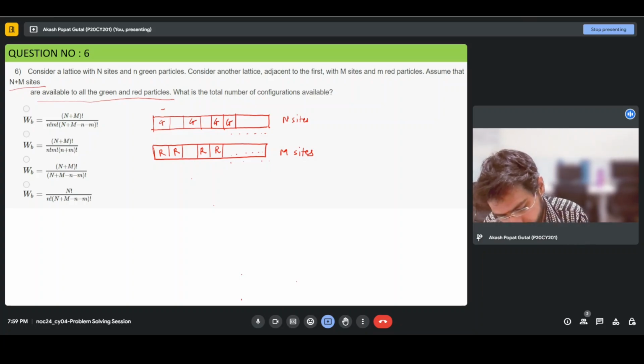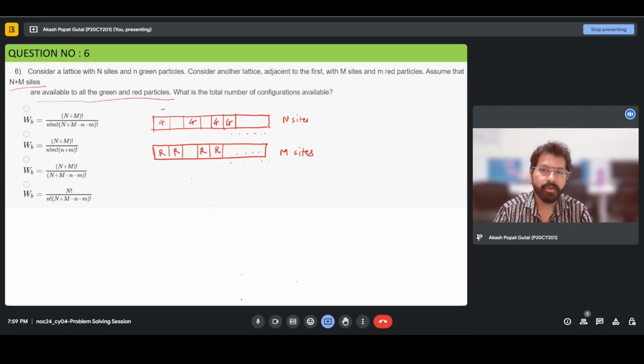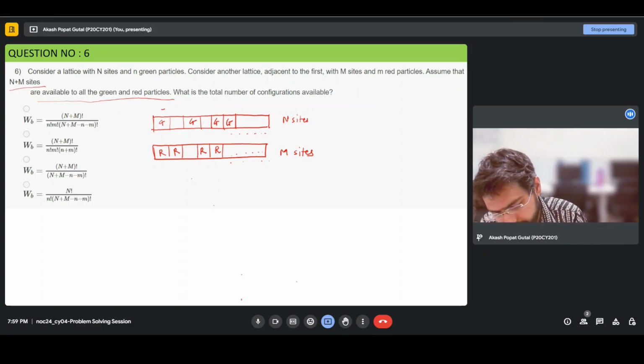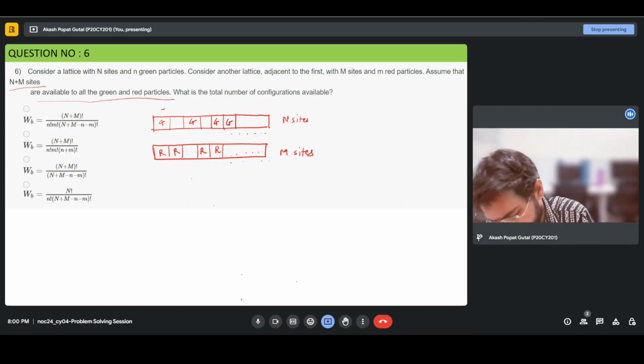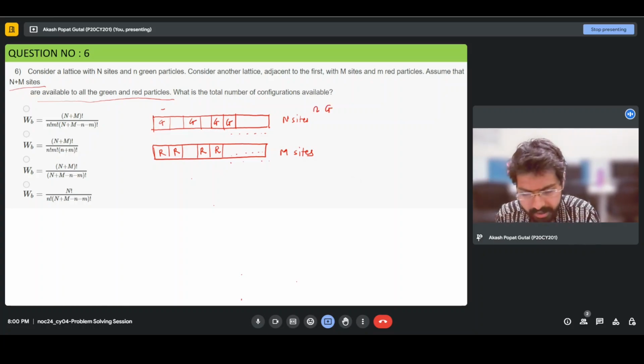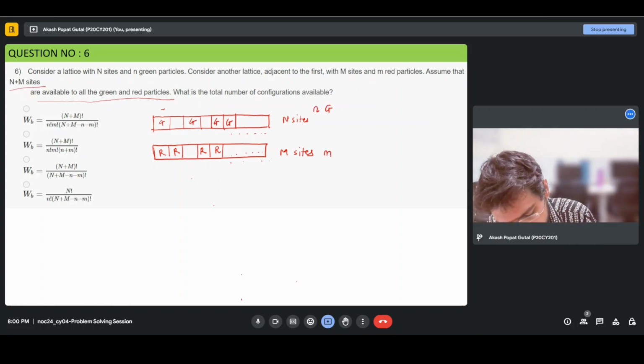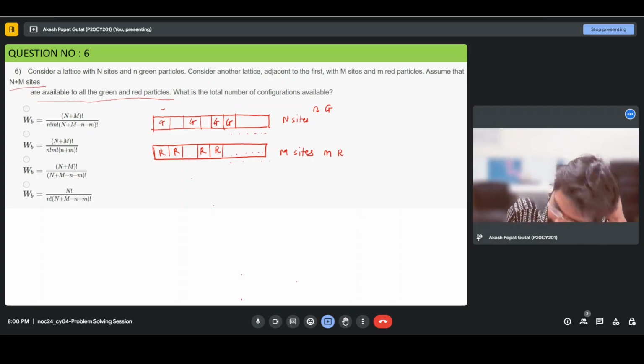If we combine both, then n plus m sites will be available for both the particles. But there are N indistinguishable green particles, and there are M indistinguishable red particles.